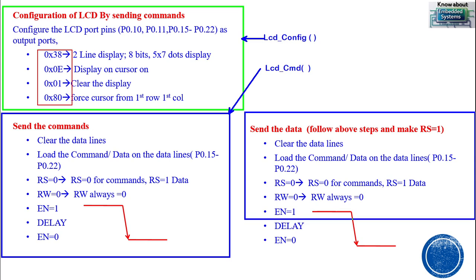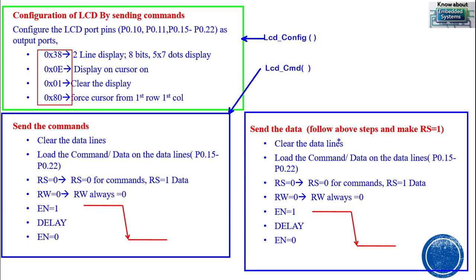Then the final one is the third one, sorry, data transmission, LCD underscore data transmission. This is similar to command transmission; everything is the same, only with a small change. The first step, again the same: clear the data lines, then load the data or command on the data lines, and then make RS equal to 1. Please make a note of this point: for command, we transmit RS equal to 0.